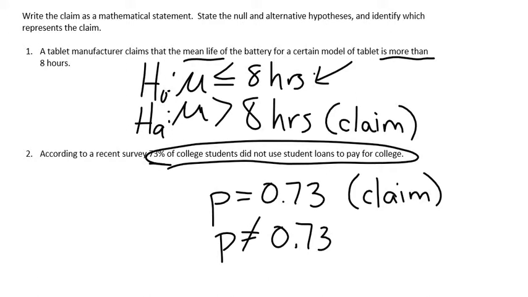Now let's determine which one is the null and which one is the alternative. The one with the equal sign is going to be the null hypothesis. And therefore the one with the not equal sign, or the inequality, meaning it's not equal, is the alternative.